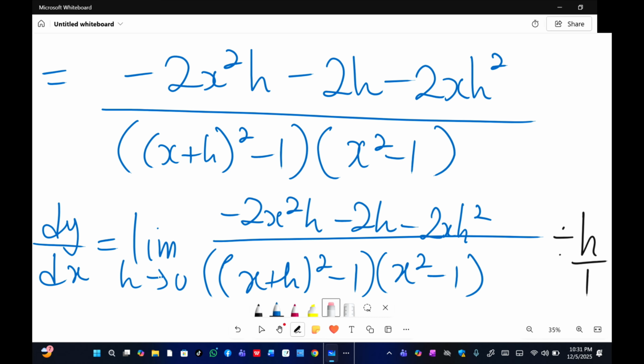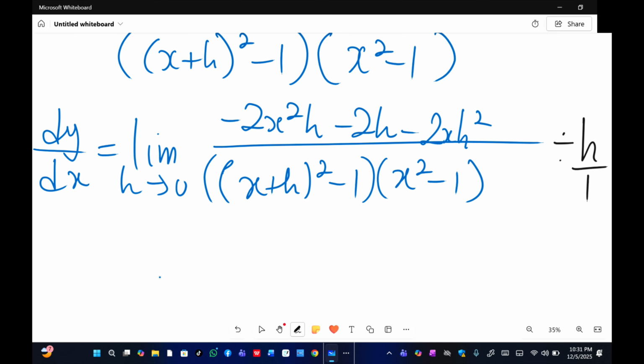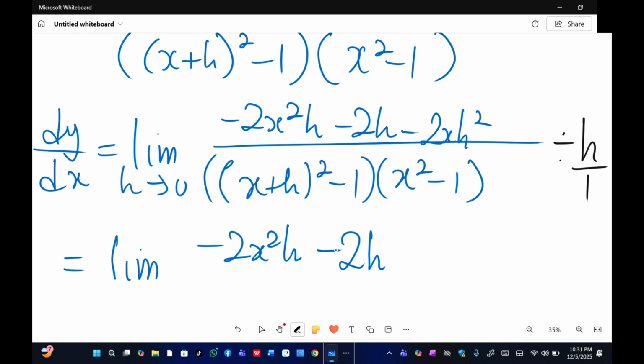Alright, let's continue to simplify. We are going to get it to be the limit of the same thing. So it's going to be negative 2x squared h minus 2h, minus 2x h squared, times 1 divided by h.